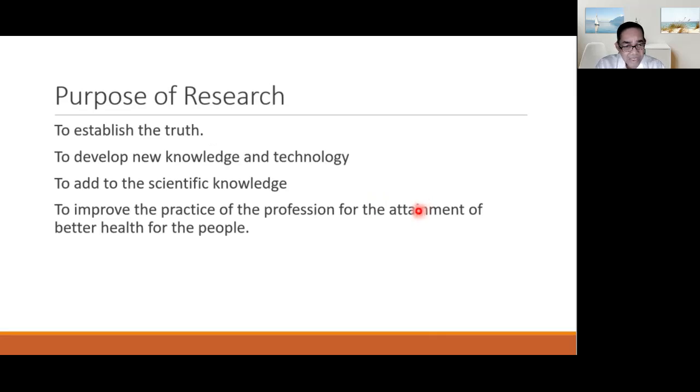And lastly, to improve the practice of the profession, really ultimately for the attainment of better health for the people. Our research should ultimately aim to attain better health for the people.